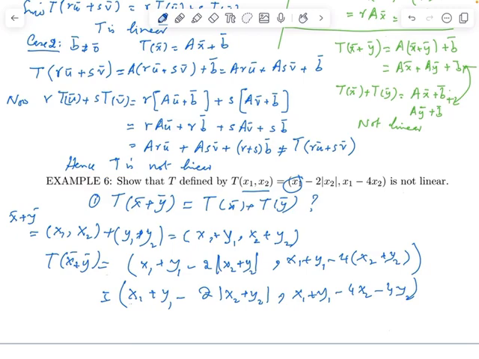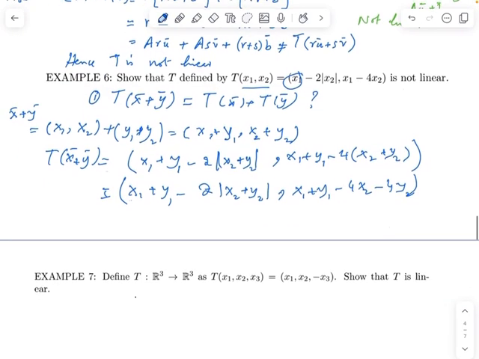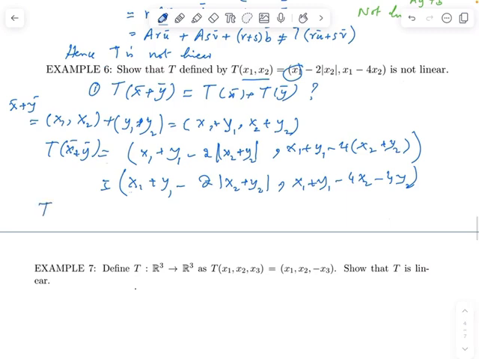Okay, now we will leave this as it is and look at the other side. From the other side, we should have T of x plus T of y. So this gives us x1 minus 2 times the absolute value of x2, comma, x1 minus 4x2, plus now the y vector.